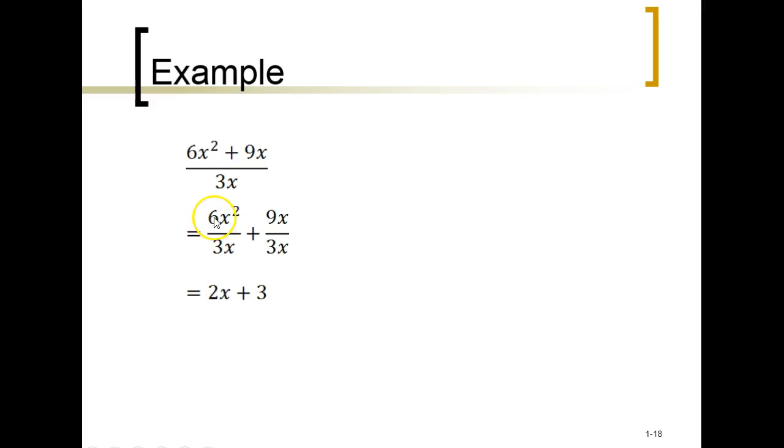So we end up with 6 divided by 3, which is 2, and then x to the power of 2 minus 1, which becomes x to the 1. Over in the second term, 9 divided by 3, which is 3, and x over x, that's a 1. So that's like 3 times 1, or just 3.